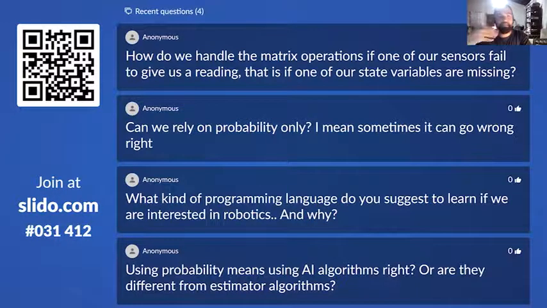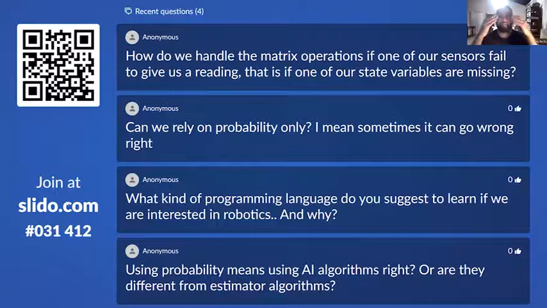If the sensor information is not coming, we would just continue to do the prediction. In the video that you saw, that's what happens when no observations are coming. It only starts to rely on the prediction, and because of that, it becomes more and more uncertain, and it starts to grow and drift, right?